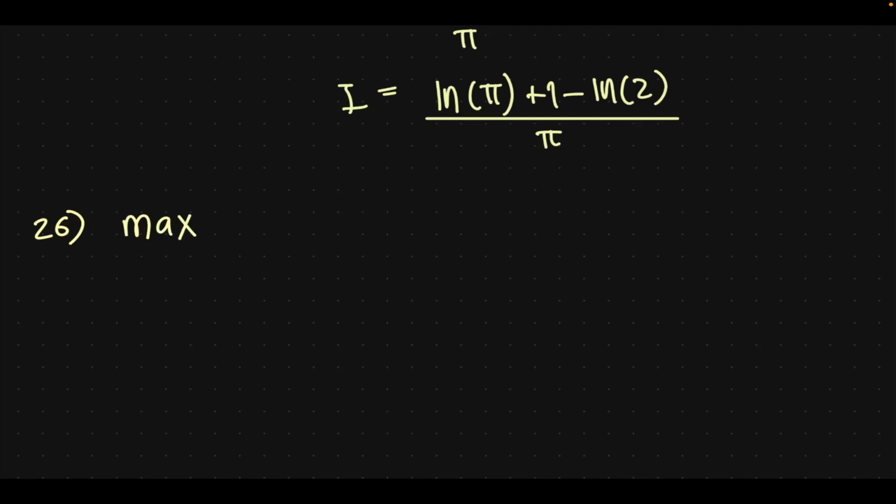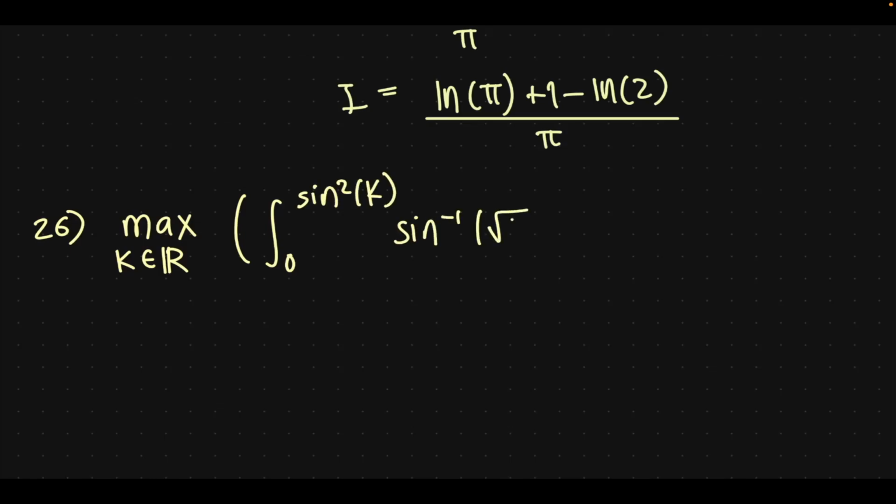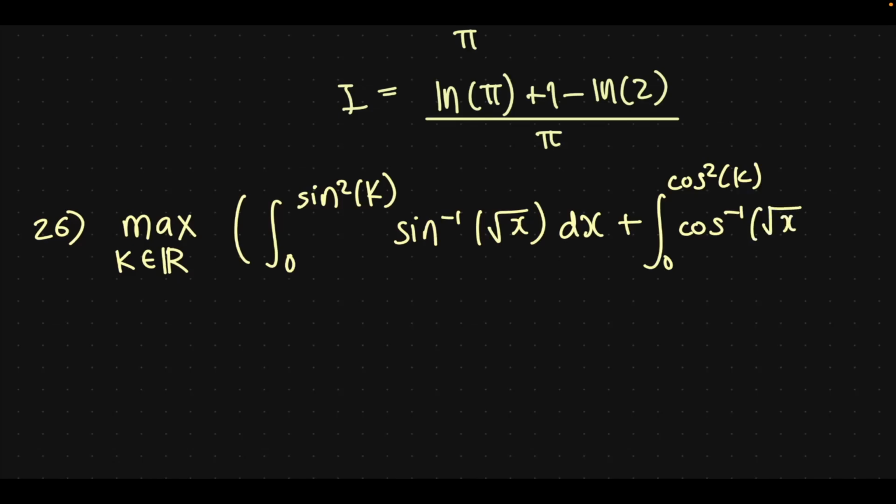We have to find the max, where k belongs to the reals, of the integral from 0 to sine squared k of sine inverse square root x dx, plus the integral from 0 to cosine squared k of cosine inverse square root x dx.